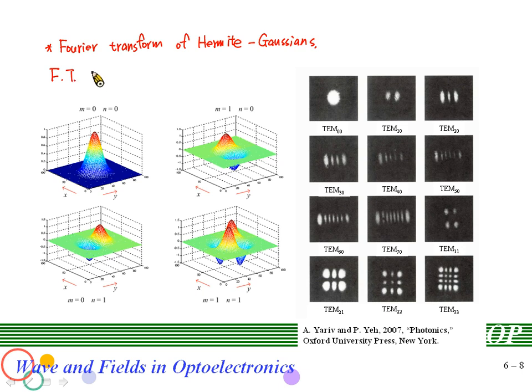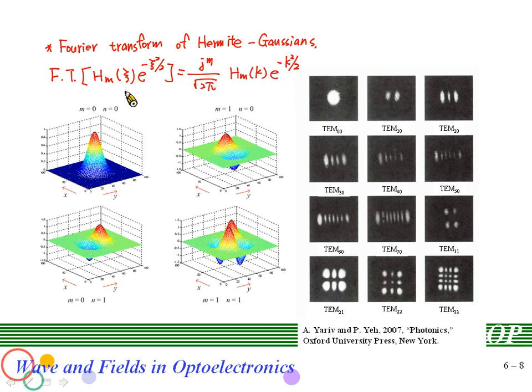We know that the Fourier transform of the Hermite-Gaussian will be as the following equation. The process of obtaining this result is very complicated, so here I just provide the final result shown here. This is the Fourier transform of a Hermite-Gaussian.